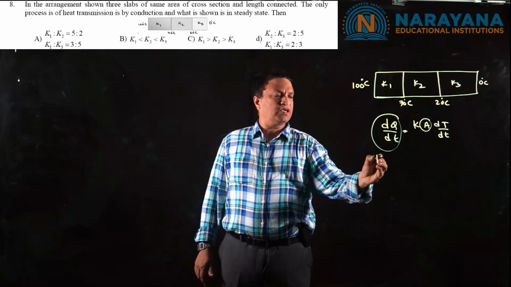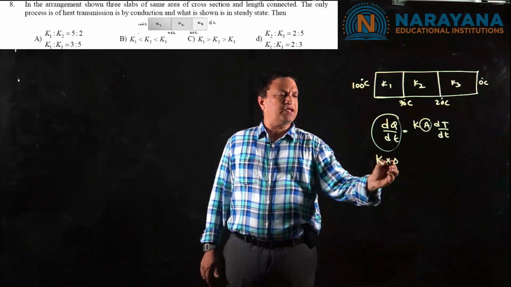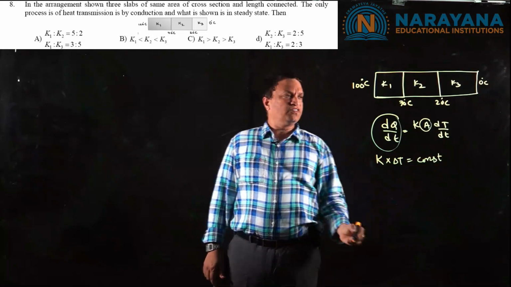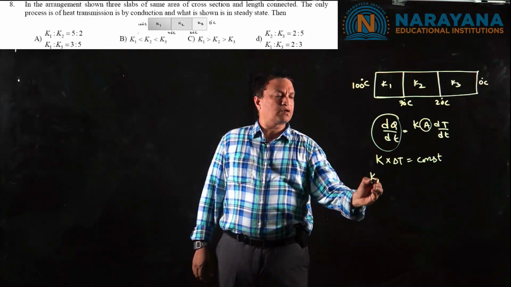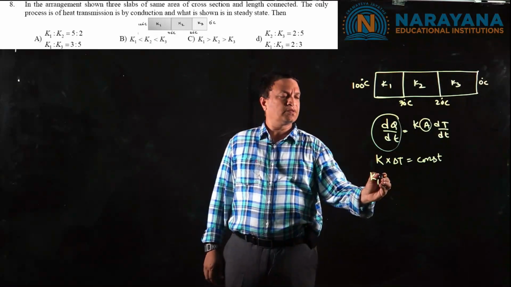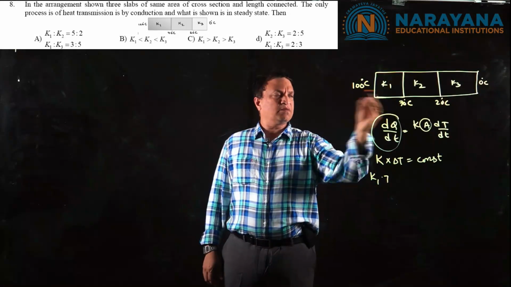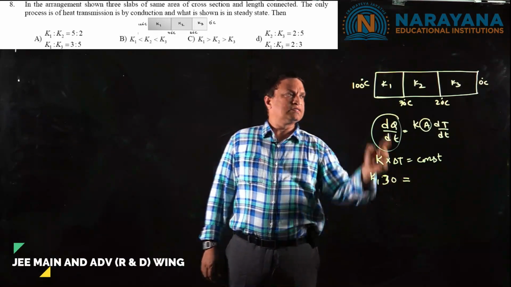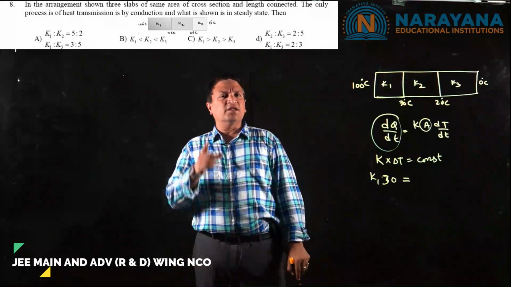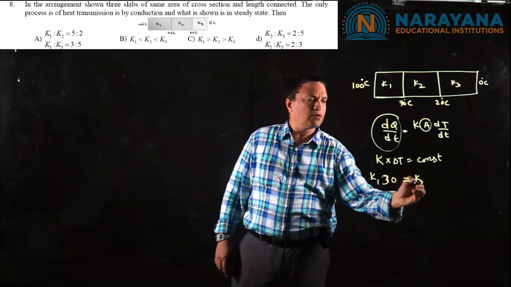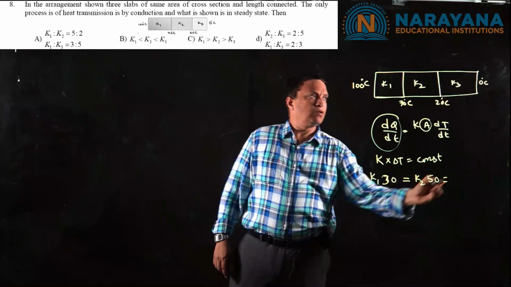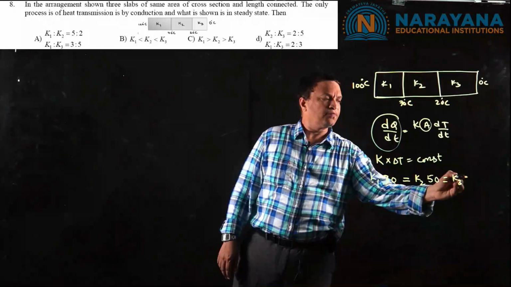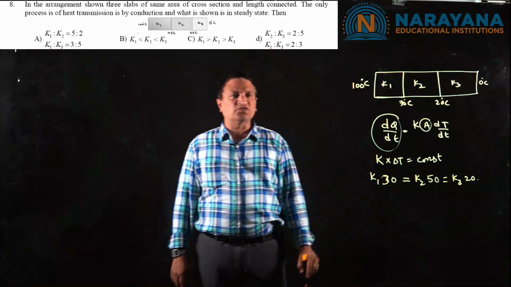So finally, K into temperature difference remains constant. With this, I can conclude K1 times (100 minus 70, that will be 30), K2 times (70 minus 20, that will be 50), and K3 times (20 minus 0, 20). So this is the relation to satisfy.